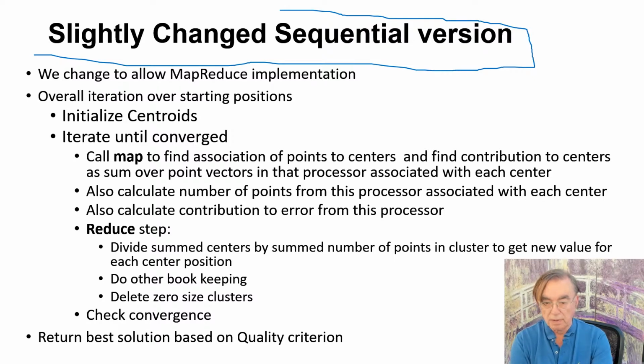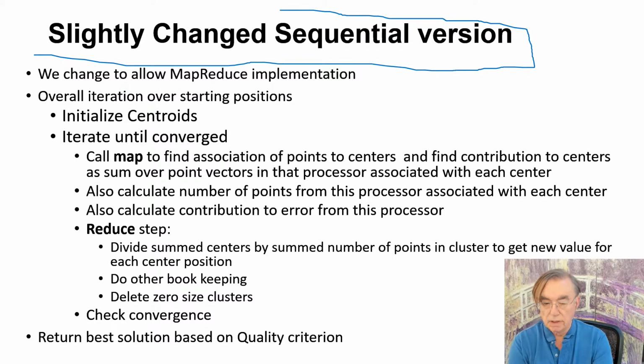We don't divide by the number of vectors. That's because when we do it in parallel, we'll have lots of these sums. We have to add them up and then divide by the total number of points. So we do two sums: the sum over point vectors of the points, and we also calculate the number of points associated with each center.